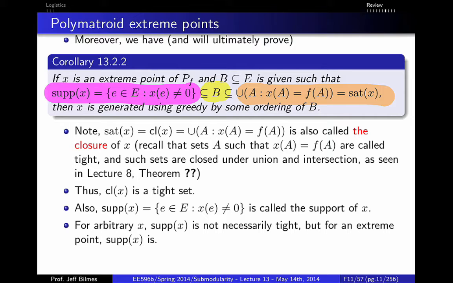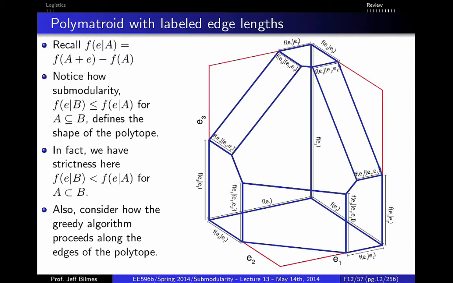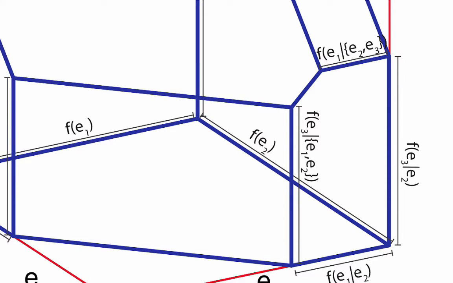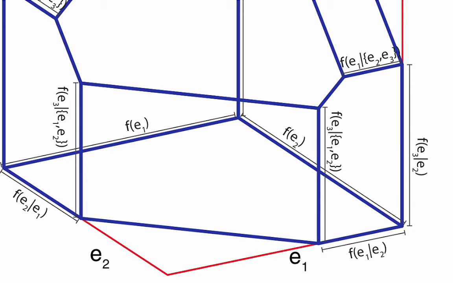So we're going to look at sat again today and get more intuition about it. This is essentially the polymatroidal polytope where the edges are labeled by their lengths. This is an important one for intuition, because if you zoom in on any one, you can see that each of these lengths is labeled by the conditional function.